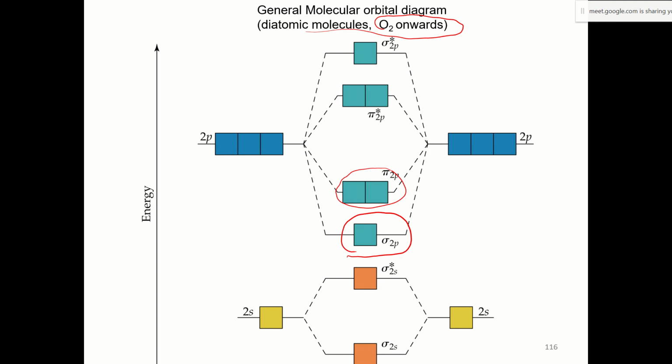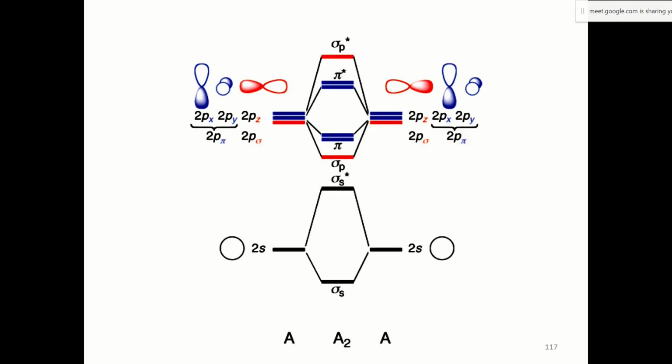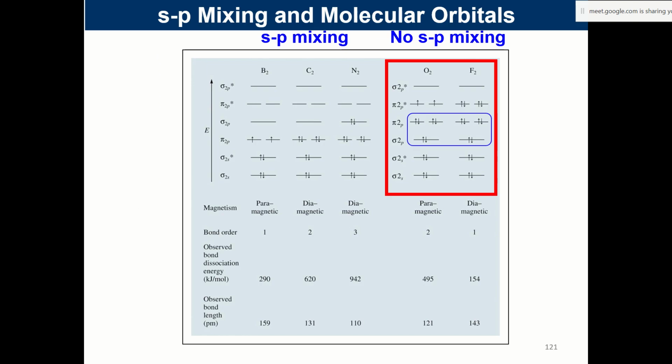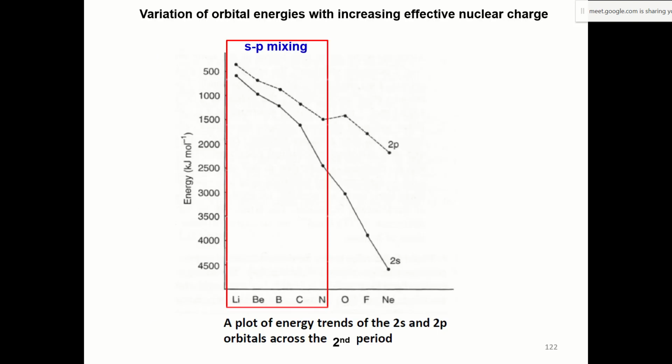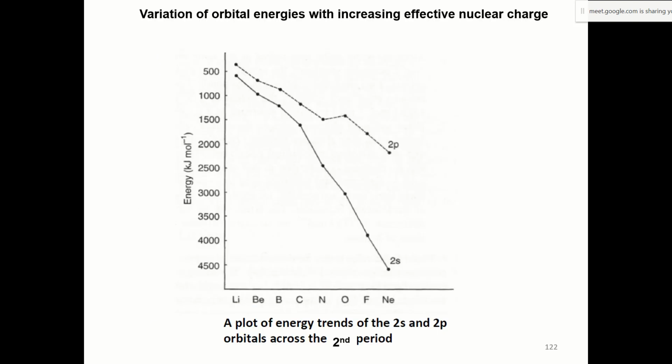Then we discussed further why the diatomic molecules of the elements lighter than oxygen behave differently. This is what we discussed in the last few previous classes. Some board work was also done on this.